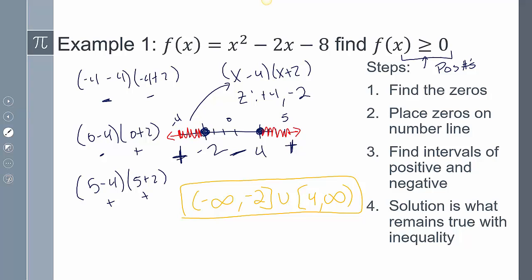Step 2, I placed them on the number line as included values, because it's equal to, and because it's greater than or equal to 0, I'm looking for positive numbers. Then I had to find the intervals of positive and negative values. To do that, I took values from each interval and tested them in my function, and I determined that this was positive, negative, and positive. Because we were looking for positive values, the positive regions represent my answer. And so my solution is going to be that represented answer here.